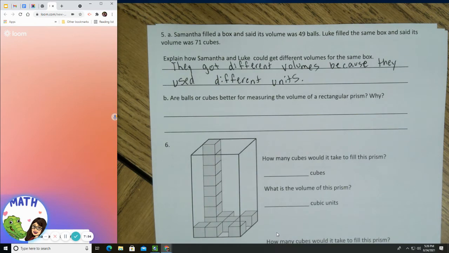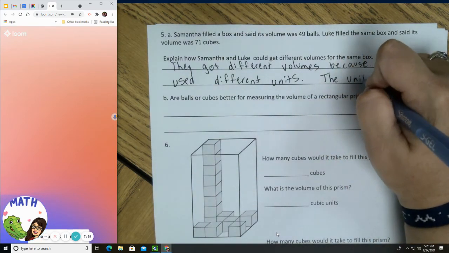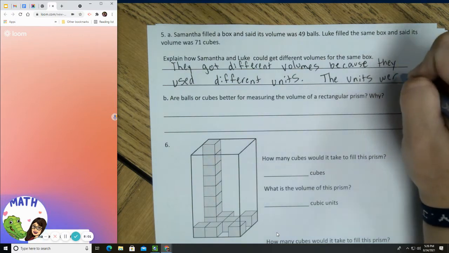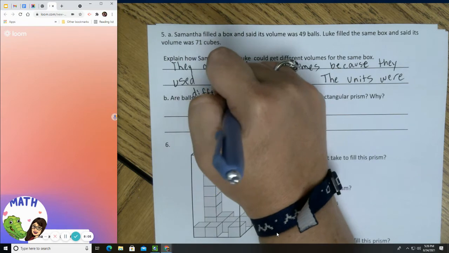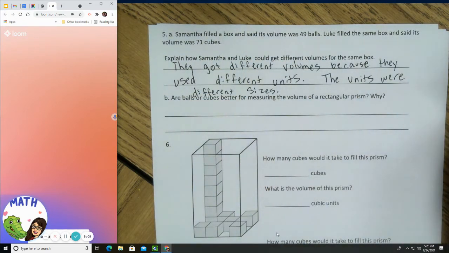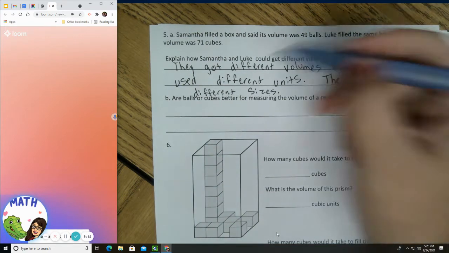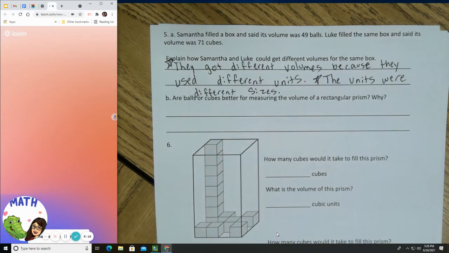That is one option. The units were different sizes. That's another option you could choose. I would take this as an answer or this. If you said they're different sizes, that's fine as well.